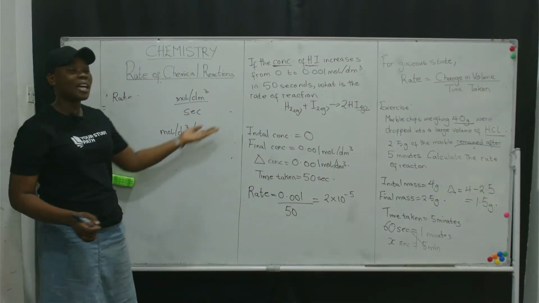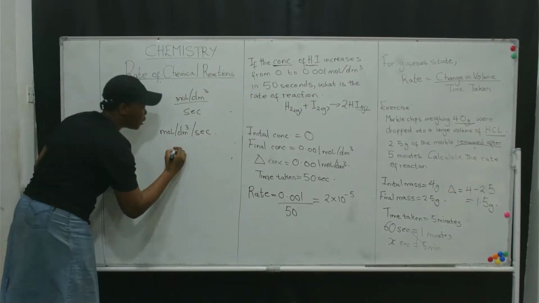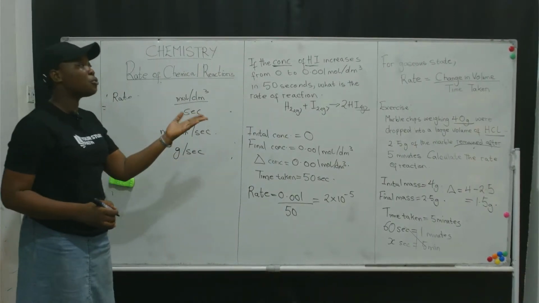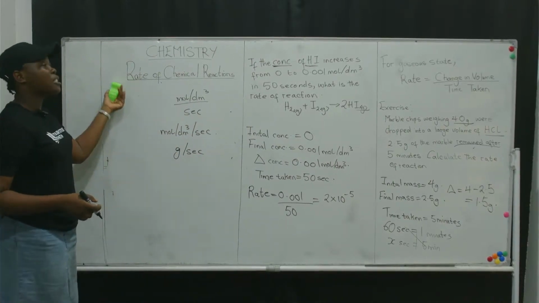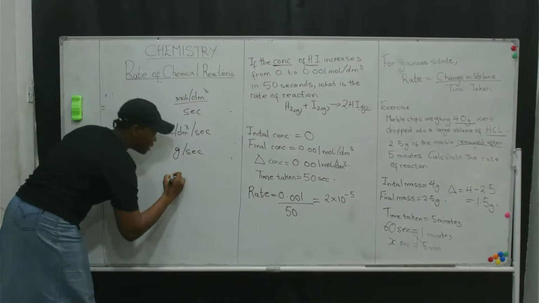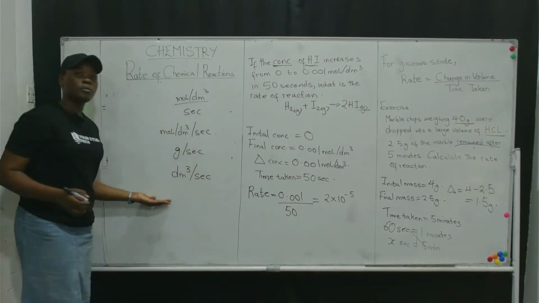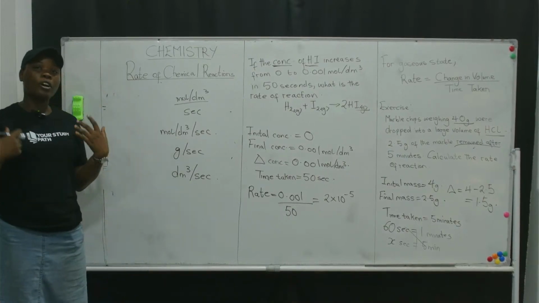It's what we are given that determines the unit. The initial one we did was gram per second. For volume, which would be measured in either dm cube or cm cube, if it is in dm cube, it would be dm cube per second. So we cannot say this is the exact unit. It depends on what you are given.